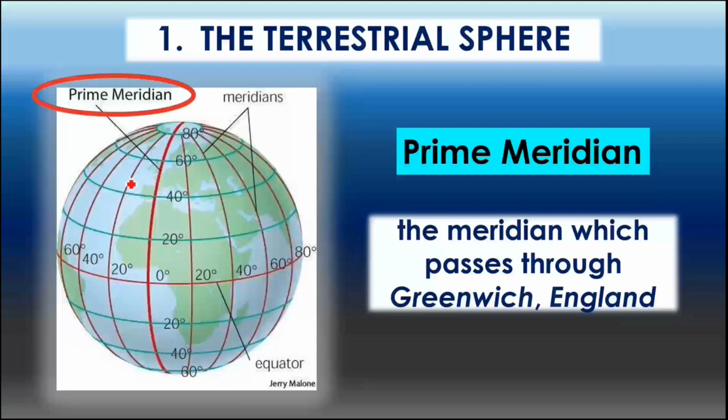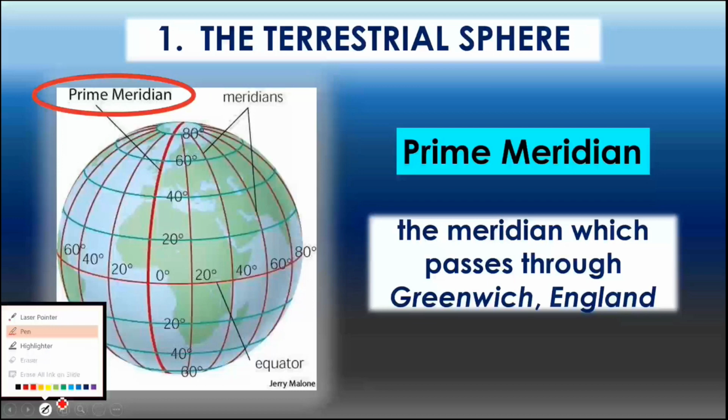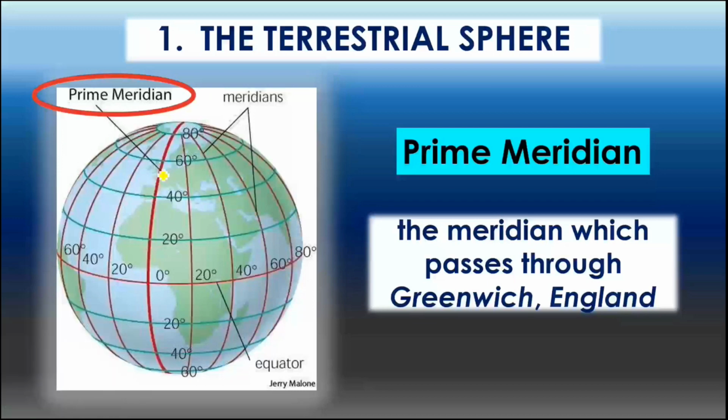In this illustration, Greenwich, England is located at this point here, and the meridian that passes through it, from the north to south, is said to be the prime meridian.